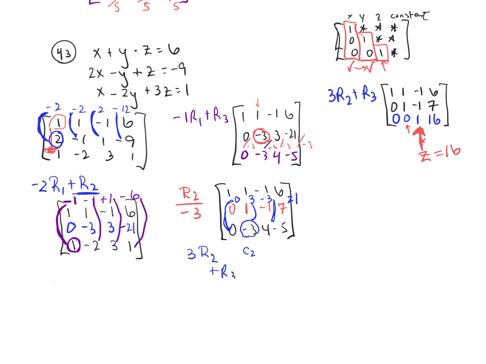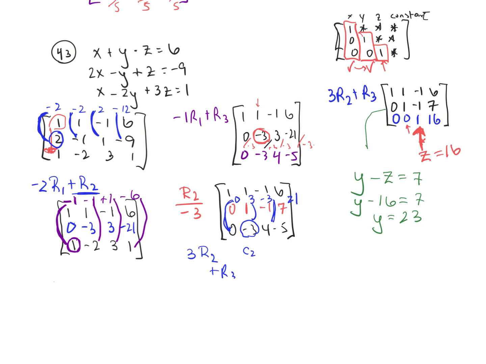Well, we're going to look at the second equation and say, okay, y minus z equals 7. We know z is 16, so now we know y is 23. Hooray!